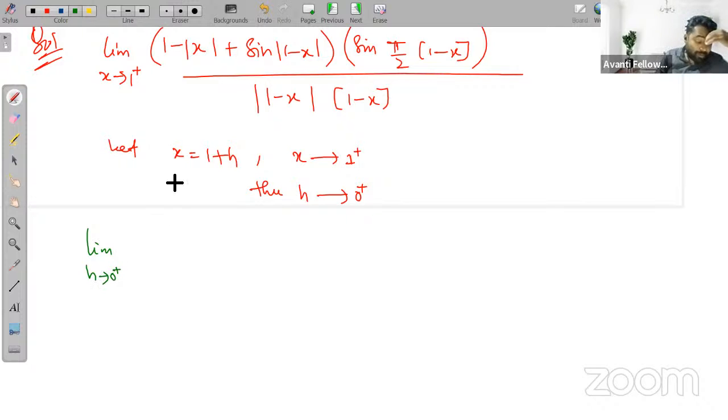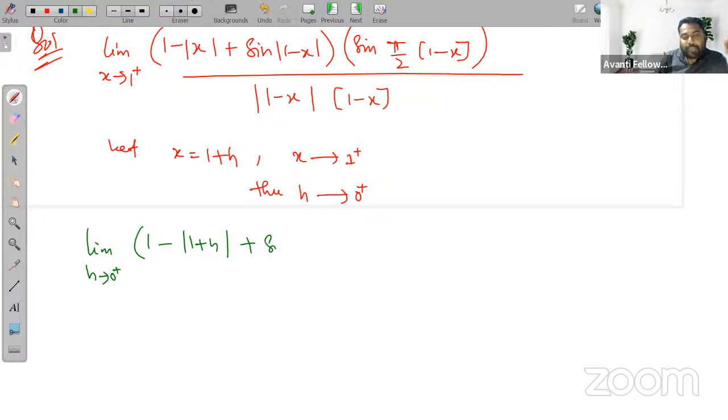So 1 minus mod of x: if x is equal to 1 plus h, we write in place of mod of x, mod of 1 plus h.